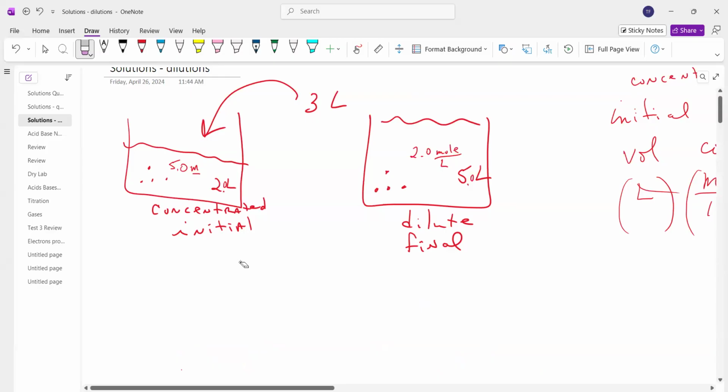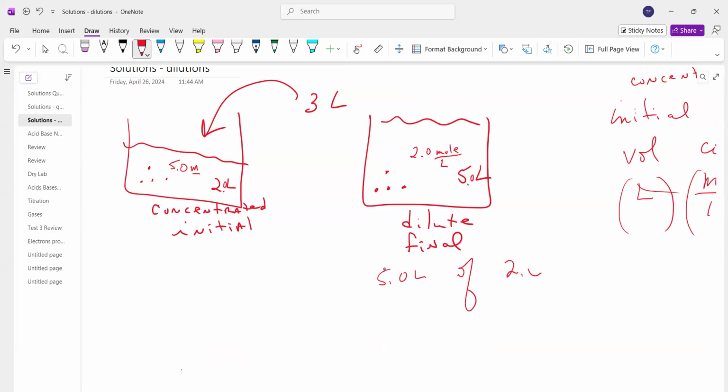Okay, so our final bit of information is we want 5 liters of 2 molar sugar. Say it's a sugar solution. How many liters of the concentrate do we need to start with?